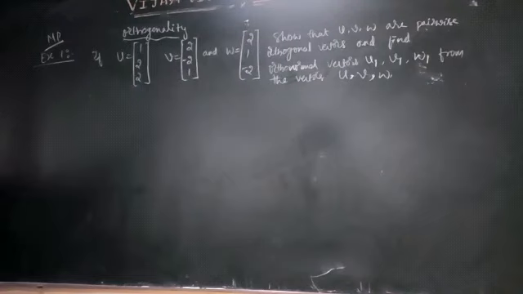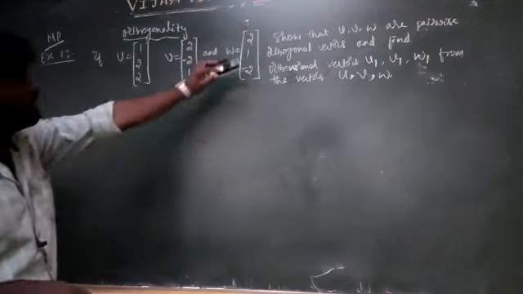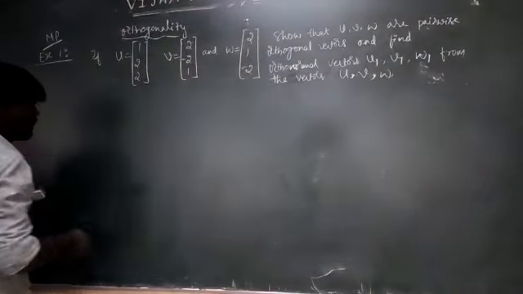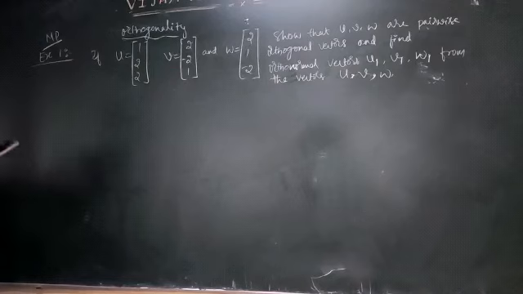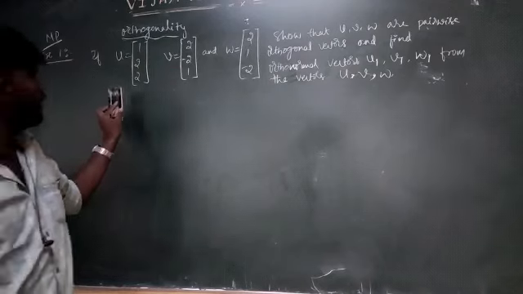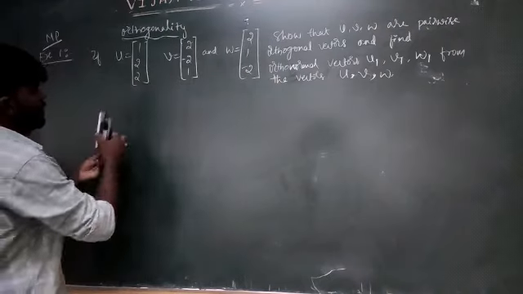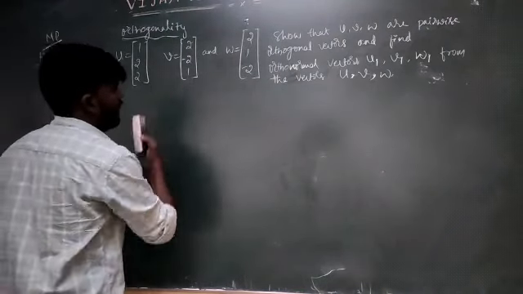First, we will show that u, v, w are pairwise orthogonal. Orthogonal means the inner product of two vectors is zero. Pairwise means we take only two vectors at a time: these two first, these two second and these two third.